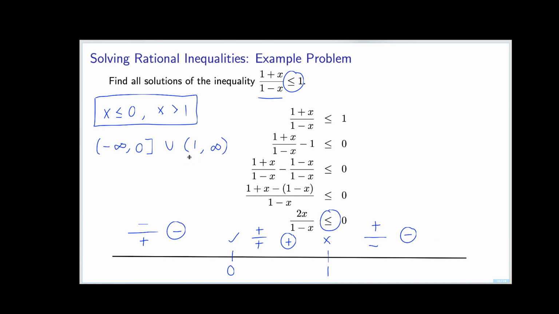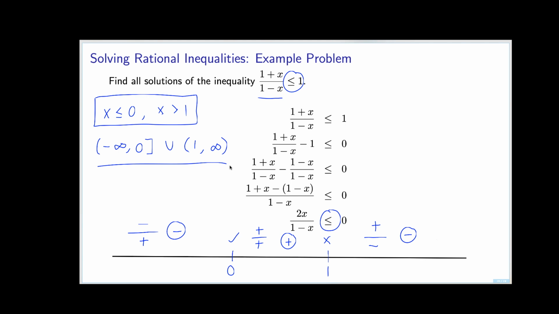But notice here that I've used a curved bracket because I'm not including the endpoint x = 1. So when our inequality is a less than or equal to or greater than or equal to, we must also check the endpoints of our intervals.